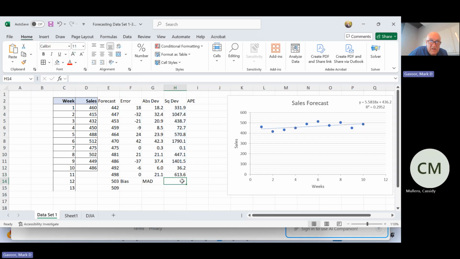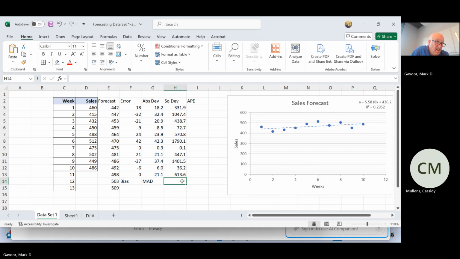Now, what does 613 mean? I know MAD means I'm off by an average. My forecast is always off by an absolute value average of 21 units. This is like a standard deviation, a variance of 613.